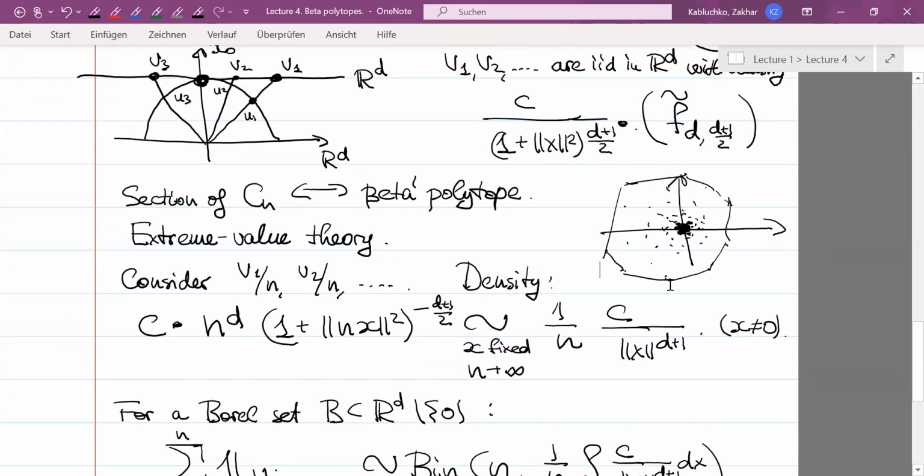So the beta prime polytope generated by n points, and divided by n, converges to this convex hull weakly. And then it's also easy to believe that the number of faces converges to the number of faces of this limit polytope.